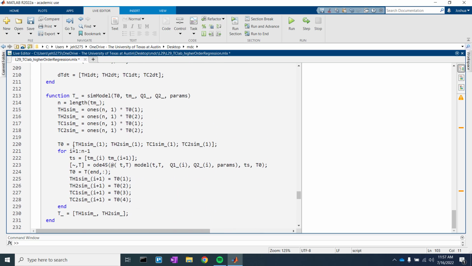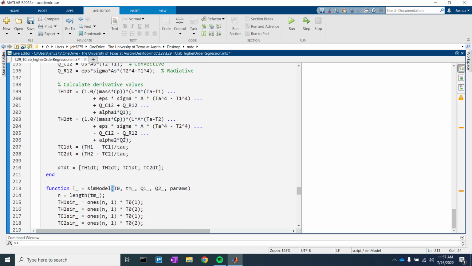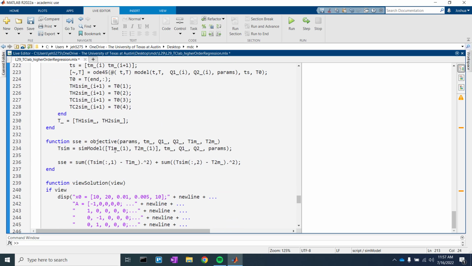It's differential temperature, then we sim the model with ones. What's that initial T0? It's equal to sim. What if we set all of those equal instead of these simulated values? Our sim model takes the argument T naught. And where does the sim model get the T naught from?